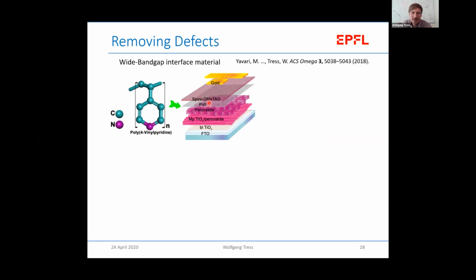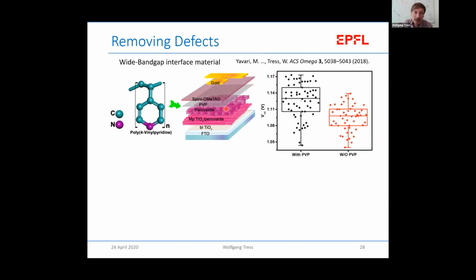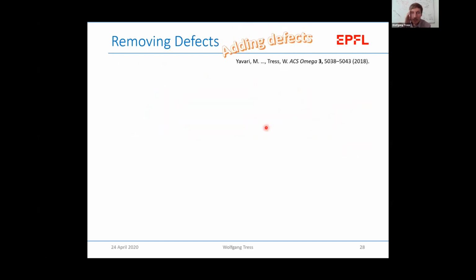So you want to have this kind of layer where maybe the holes can still pass through, maybe also tunnel through, and you avoid that electrons recombine. Here, you might even expect some chemical activity, which helps to really chemically passivate something. But in our case, we made many devices and there was only a little trend. So with this modification, the voltages were a bit higher, but not that much.